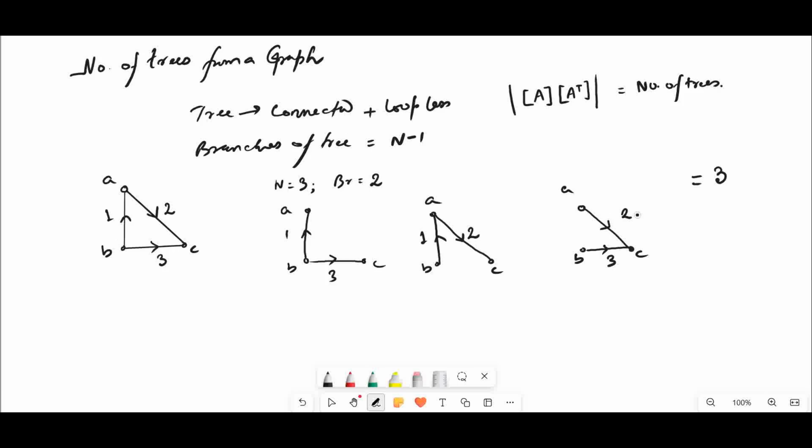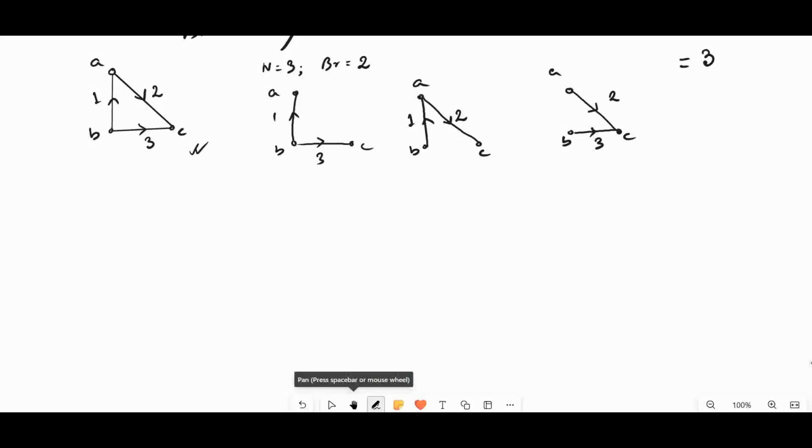Now let us use this formula and determine whether the total number of trees that we can draw from this graph is 3 or not. From this graph, if we determine the incidence matrix, it will have nodes A, B, C, and branches 1, 2, and 3.